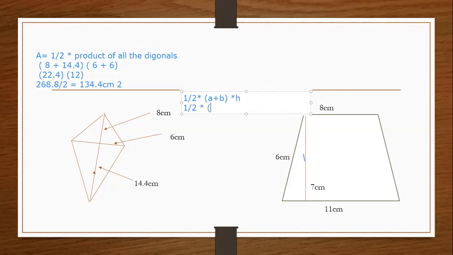So we know that our A plus B is 8 plus 11, then times the height, which is 7 centimeters. So 8 plus 11 will give us 19, times 7. Half of 19 will give us what?